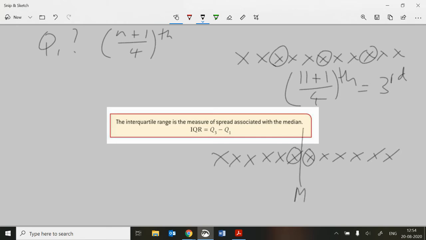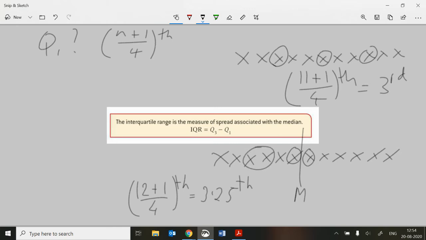That's the median. But if we want now the lower quartile, we'll have to take 12 plus 1 divided by 4, which turns out to be 3.25 through the data.